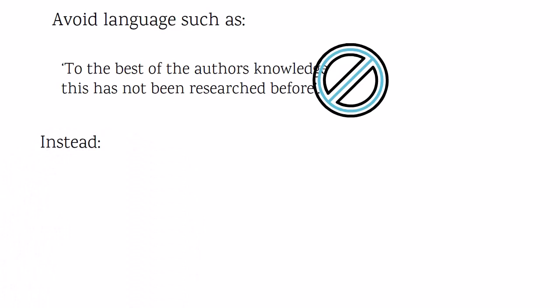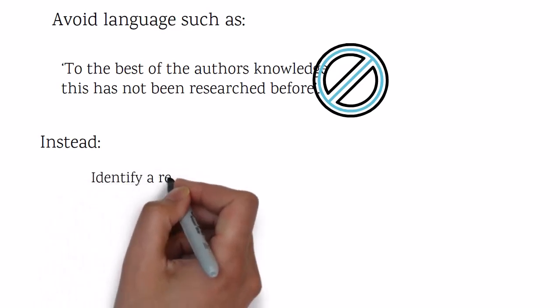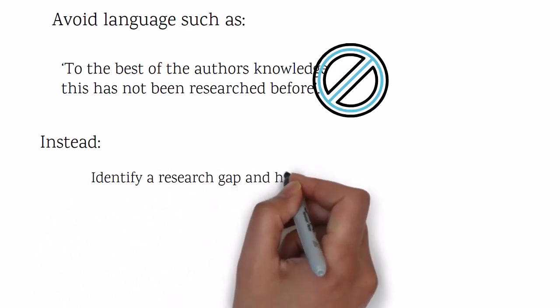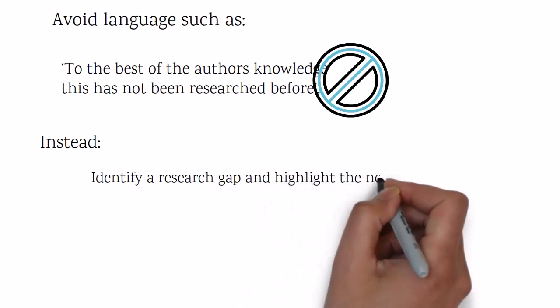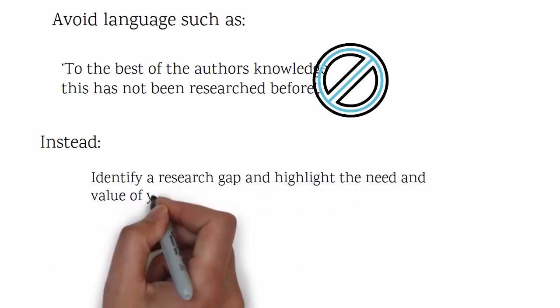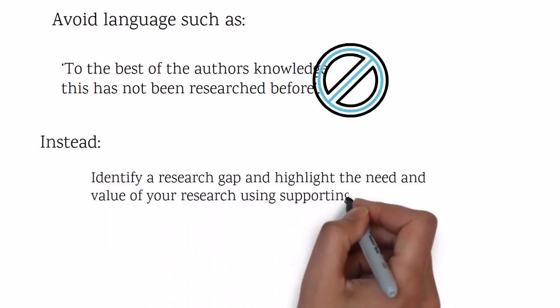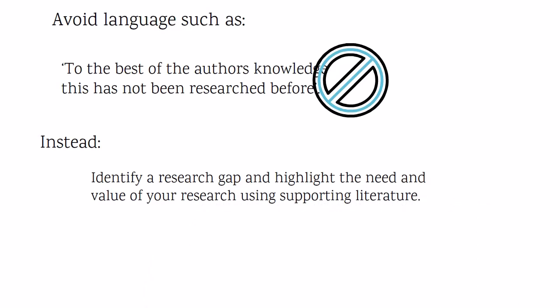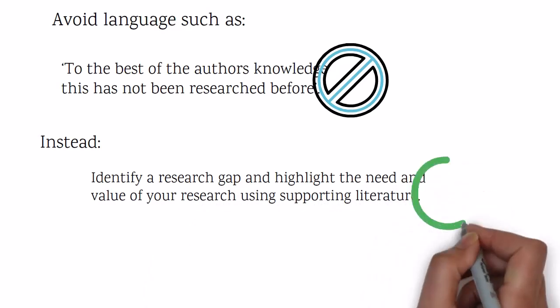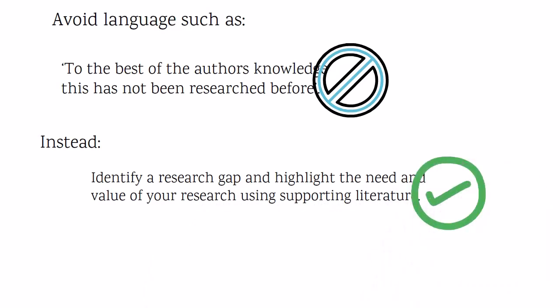However, if you can robustly identify a research gap using supporting literature and scaffolding the area you're researching by explaining the need and value for what you're researching and how you're building on previous research, this offers an opportunity to explain how your research contributes to the academic literature.